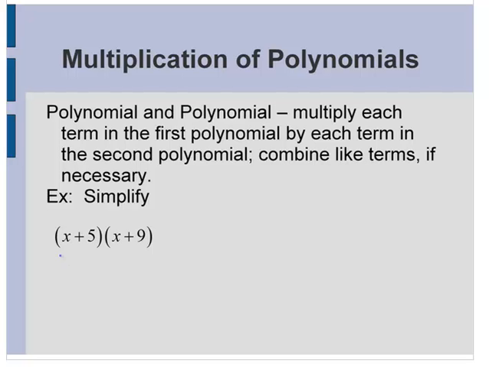Alright, so let's take this example, x plus 5 times x plus 9. So first I'll take this x and I'll multiply it by each term in the second polynomial. Basically all I'm doing is distributing it. So x times x plus x times 9.